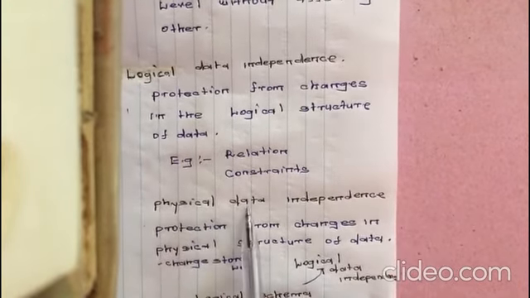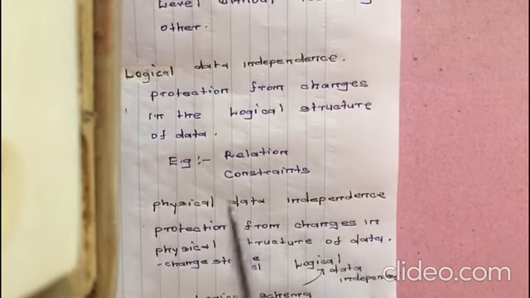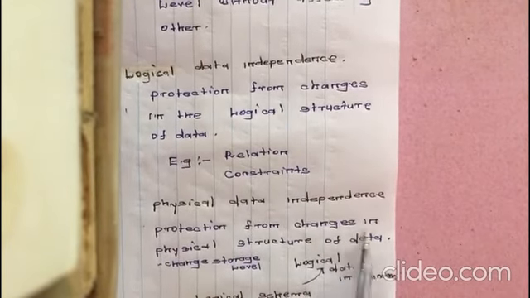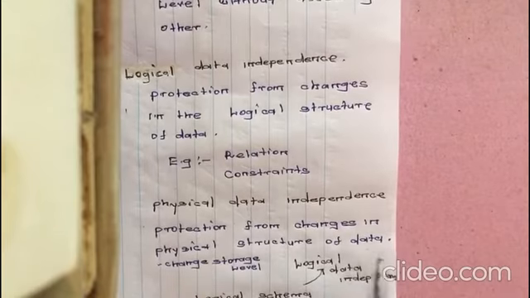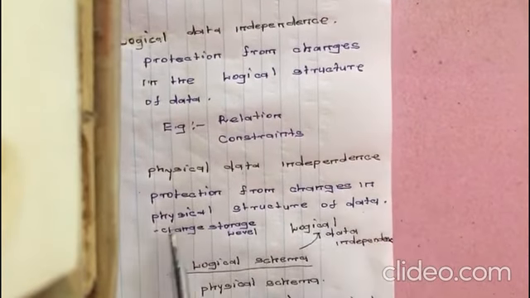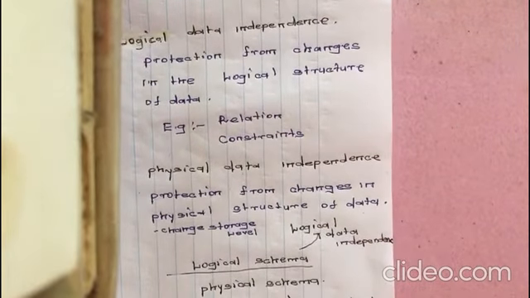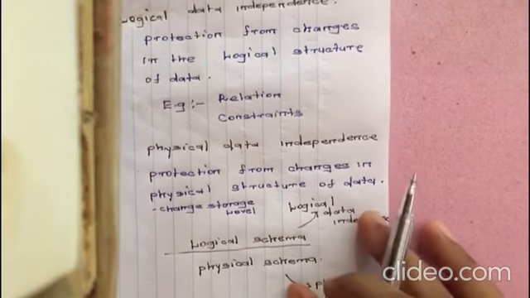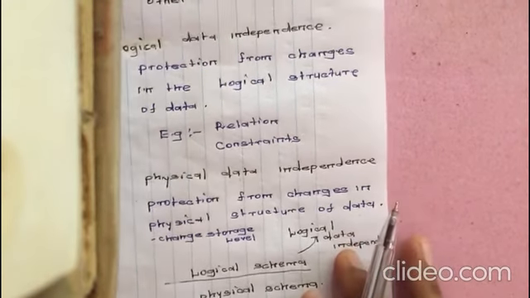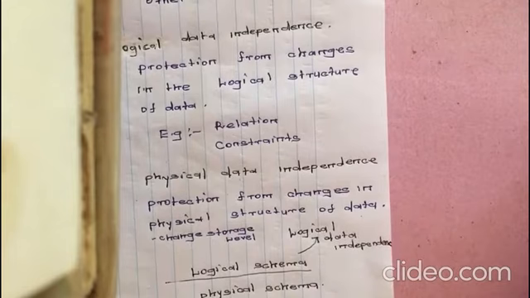And next, physical data independence: protection from changes in the physical structure of data, like changes in the storage level, changes in the file organization, changes in the indexing without affecting the logical structure of data. These are the two types of data independence, logical and physical data independence.